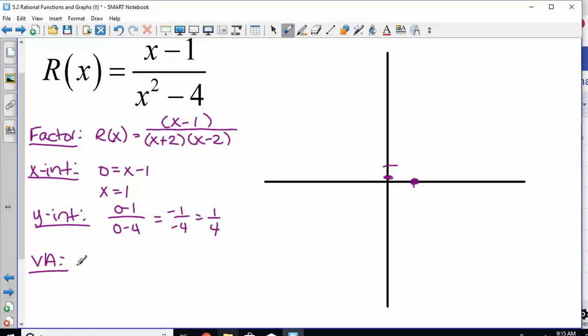What's my vertical asymptote? How many do we have? 2. 2 of them. What makes x plus 2 0? And x minus 2 is positive 2. So 2 vertical asymptotes.